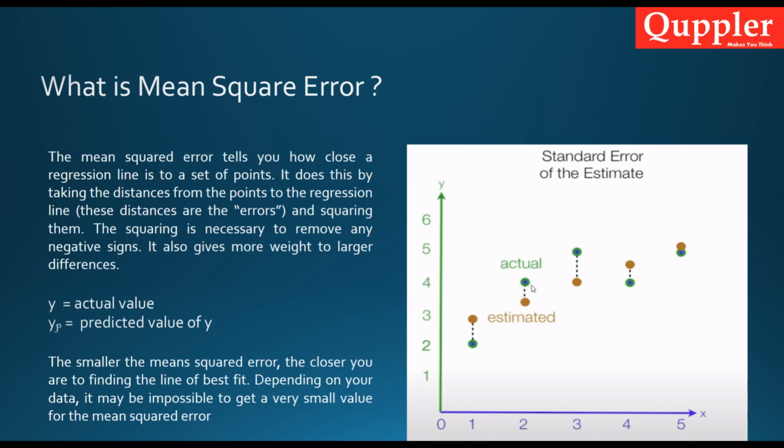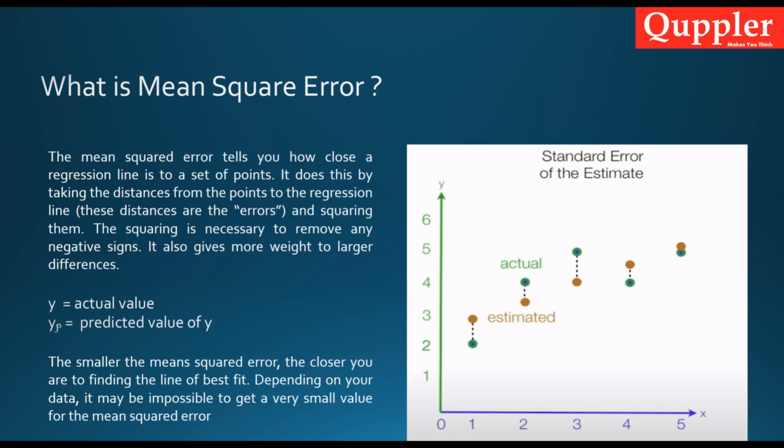But for this case, our actual value is something around 2.1 by 4, and the estimated value is in a downward trend. So we always square them up. That's the reason I told you, we need to square them, and it also adds more weightage to your model. The smaller the mean square error is, the closer you are to the line of best fit.